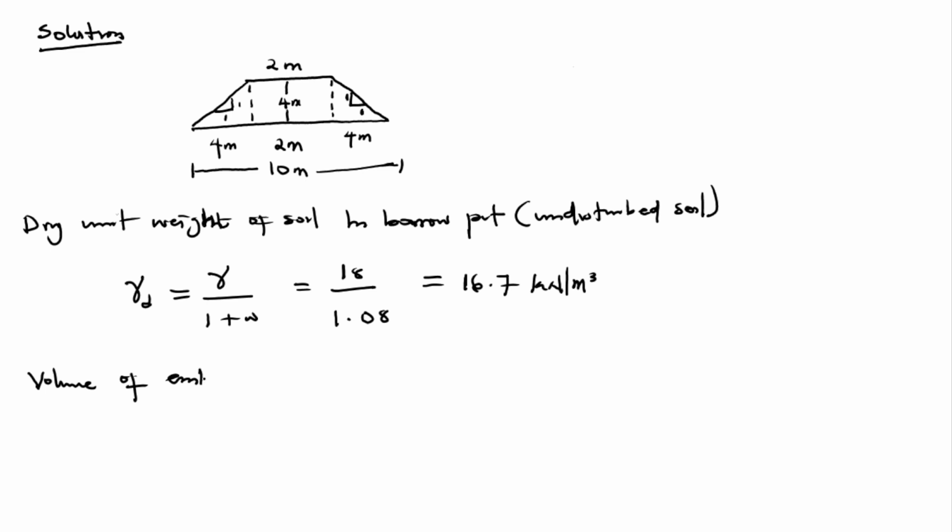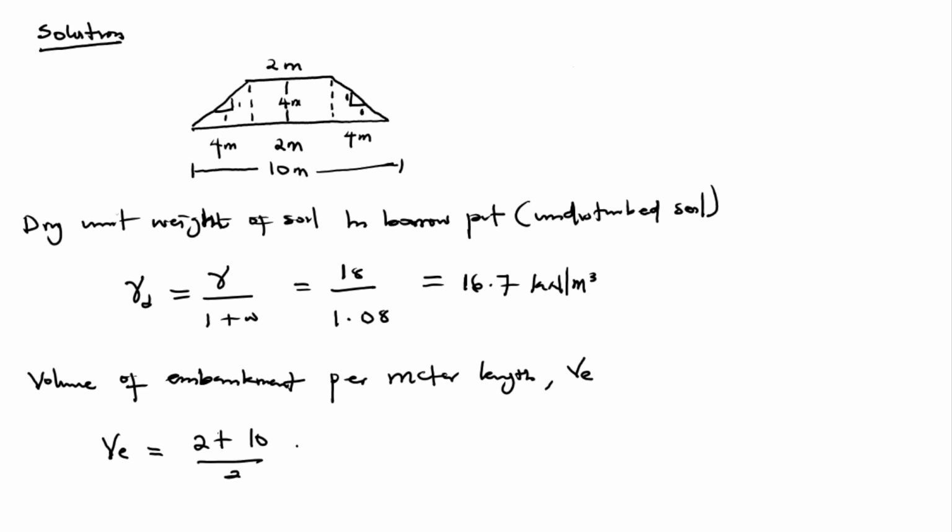The volume of embankment per meter length, let us denote it by VE. So the volume of embankment per meter length is equals to the area of the trapezium multiplied by 1 meter, right, which is equals to 24 meter cube.